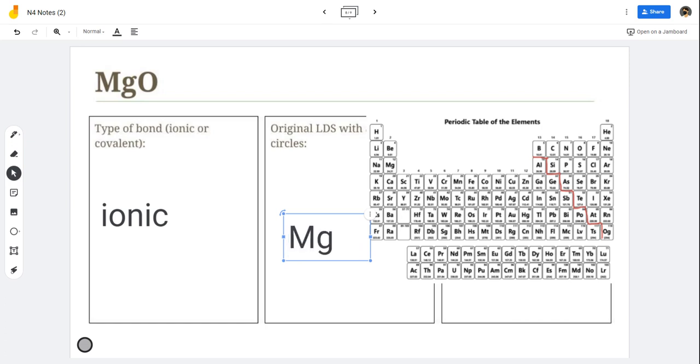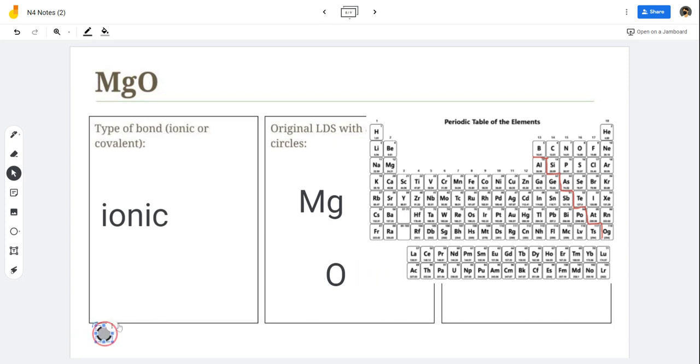This ionic bond will have 1 magnesium atom and 1 oxygen atom. Again, magnesium is in group 2, which means that it will have 2 valence electrons, and oxygen is in group 16, so it'll have 6.